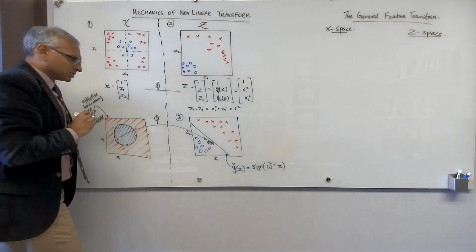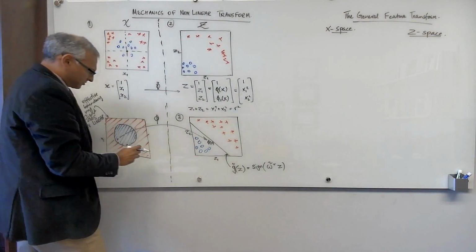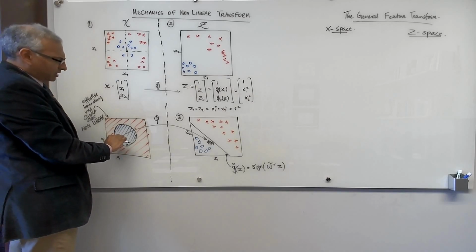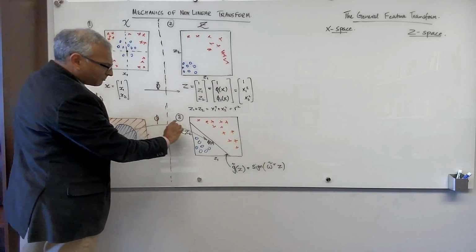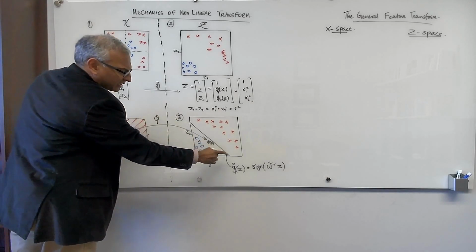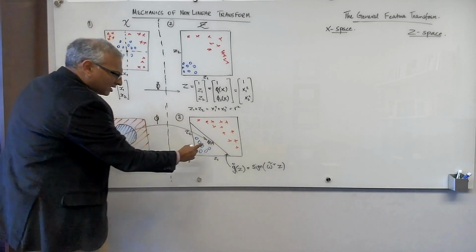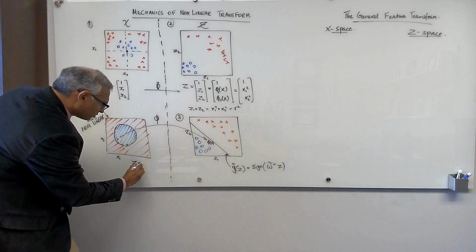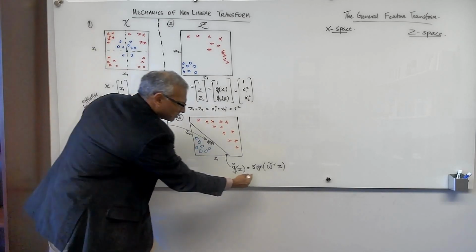If you were to encapsulate the entire process of pumping up your test point into phi of the test point and then classifying, what are you effectively doing? You're setting z equal to phi of x in this formula.